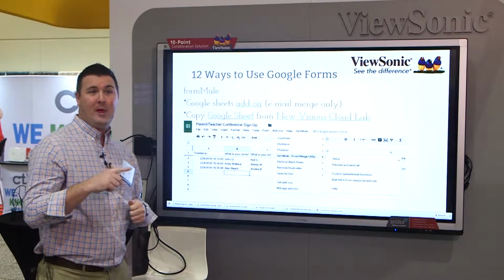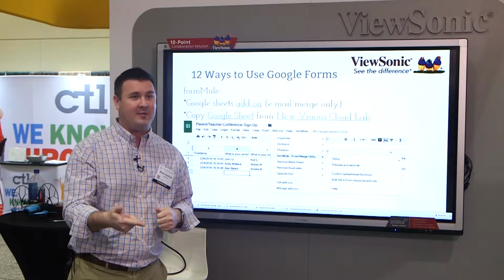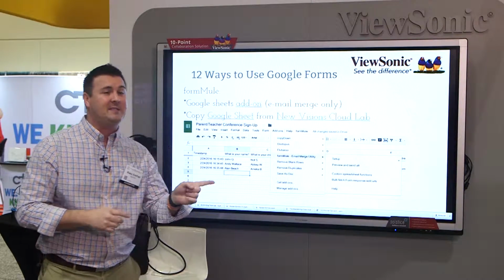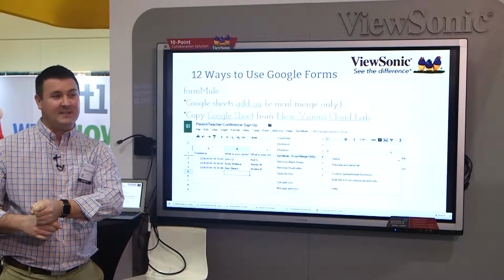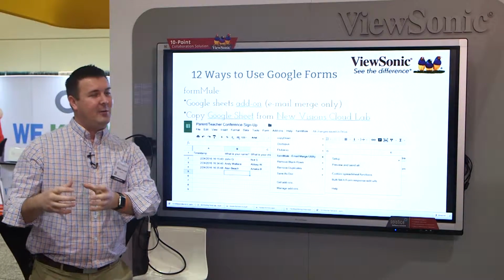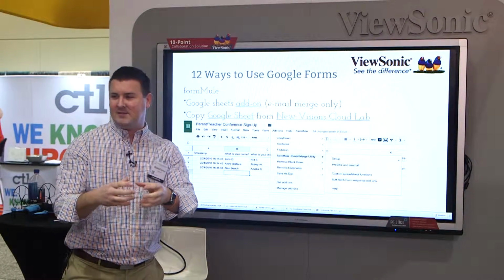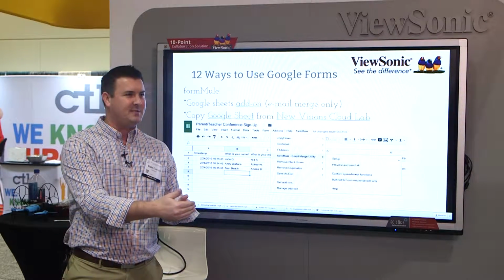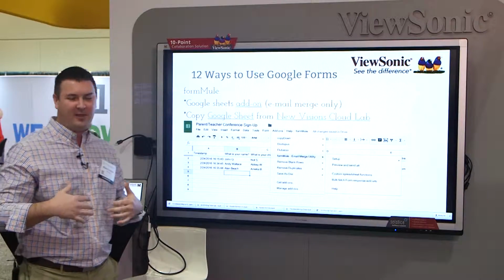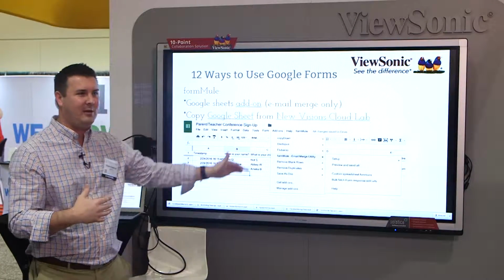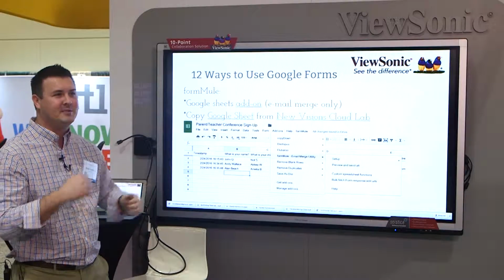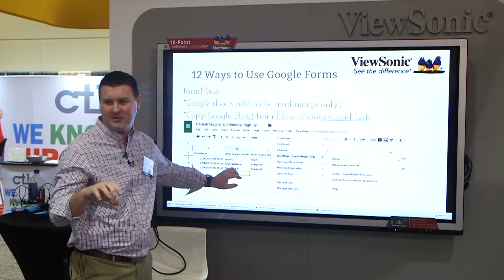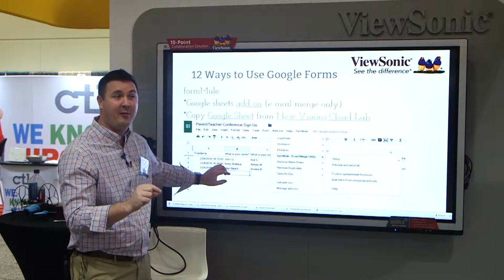When the parent signs up for their time, they receive an email that says, "Dear Mr. Jones, your child's time in conference will be on this date at this time based on your preferences you signed up for," right? So we don't have to send that email reminder, it's already done for us. Form Mule is going to do work for us, okay? It'll allow us to set up those automatic email merges based on when you fill out a form.